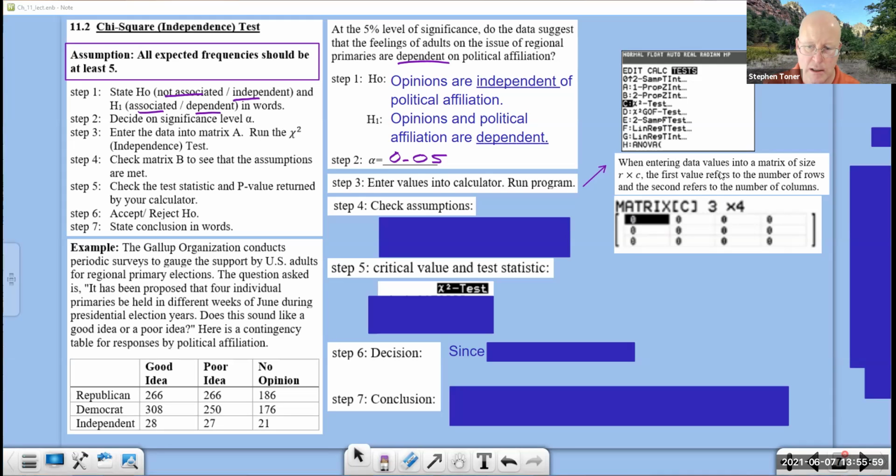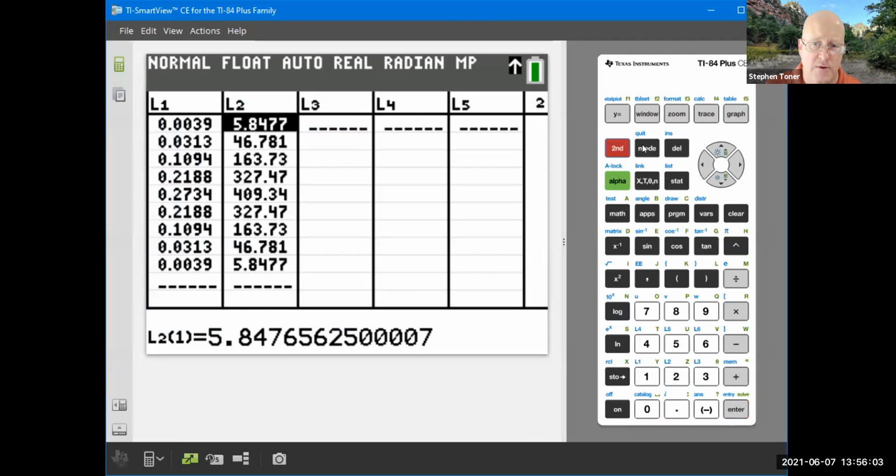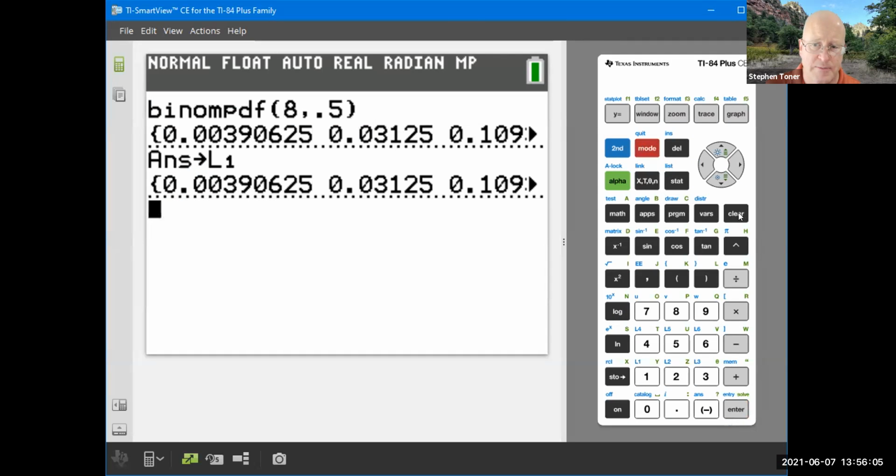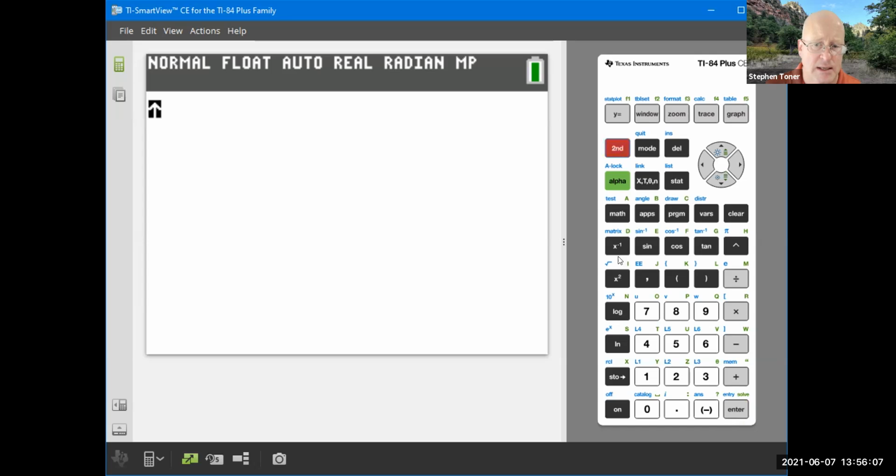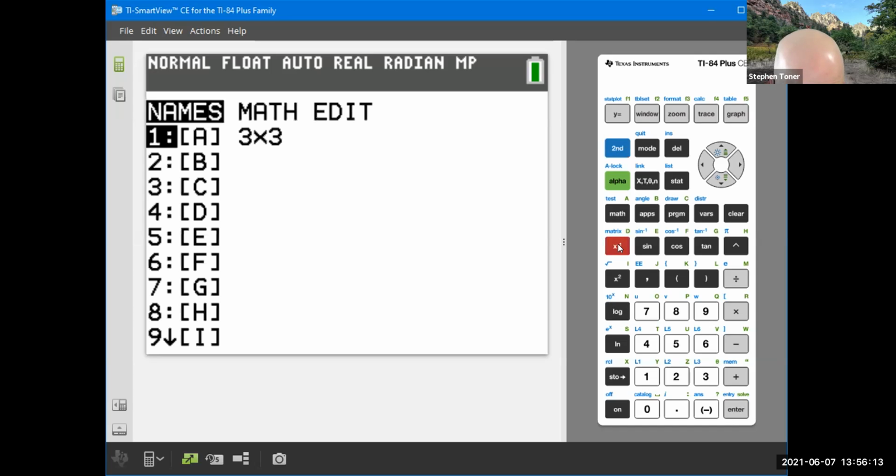So I'm going to turn our calculator on here, and quit out of here for a moment, and we're going to hit second, and then above the x to the minus first key. Where is that? There you go. You see the word matrix above that red key? We're going to go there, and then go over to the right to edit matrix A, and I'm going to hit enter.